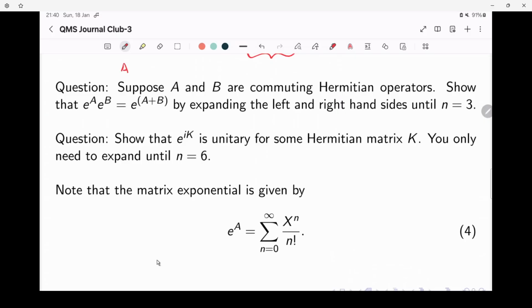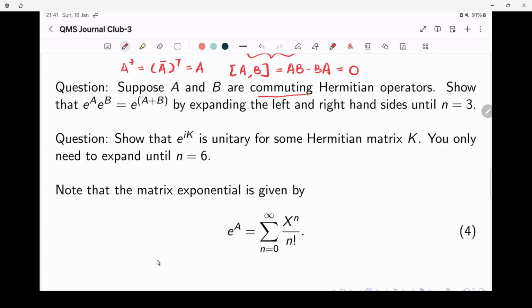If you forget, the meaning of Hermitian is basically this: when you perform the conjugate transpose and it goes back to the original matrix, then it is called a Hermitian operator. Commuting means that when you perform the commutator, it is 0.